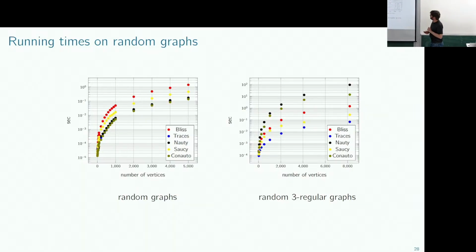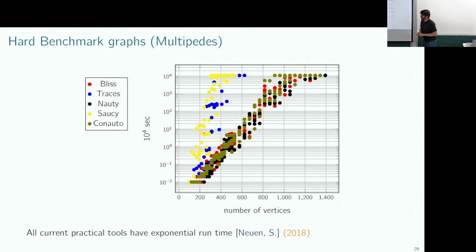Okay, so these are the running times, and you should take this as these tools are really, really fast. If you implement this yourself, you will probably struggle keeping up, in particular on easy graphs. Okay, however, there are very, very hard graphs. So in 2018, we modified some multipedes by Cai, Fürer and Immerman for particular instances and proved that all of these tools have exponential running time on them.